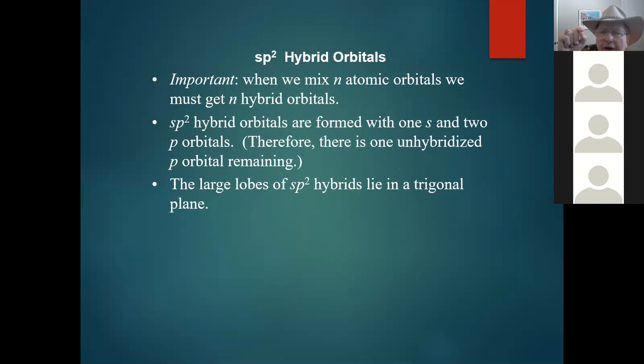And because I have large lobes, the lobes are going to orient themselves such that they're as far away from one another as possible. So sp2 hybrids have a trigonal planar geometry. sp3 is tetrahedral, sp3d is trigonal bipyramid, sp3d2 is octahedral.